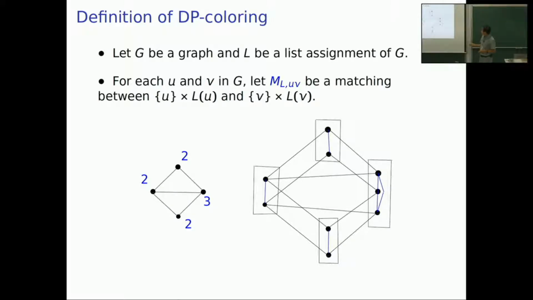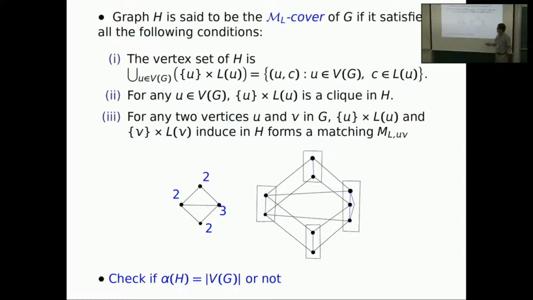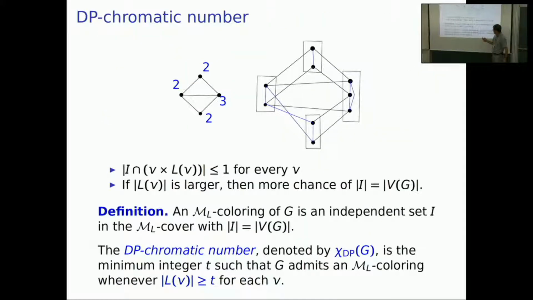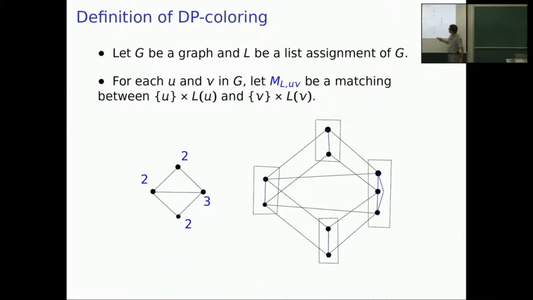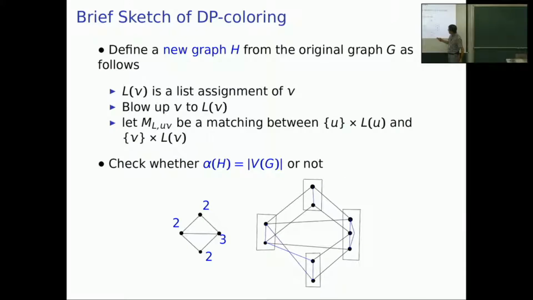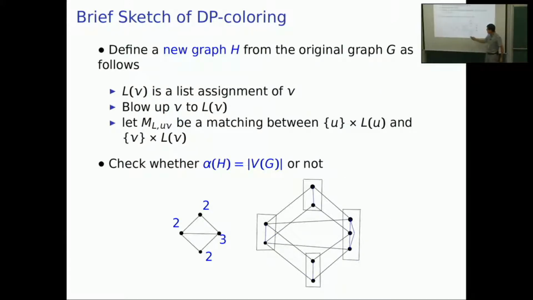But here, between two sets we have a matching, but we don't know what kind of matching. We just know there's a matching. For example, sometimes the matching is like this, but sometimes the matching is crossed.